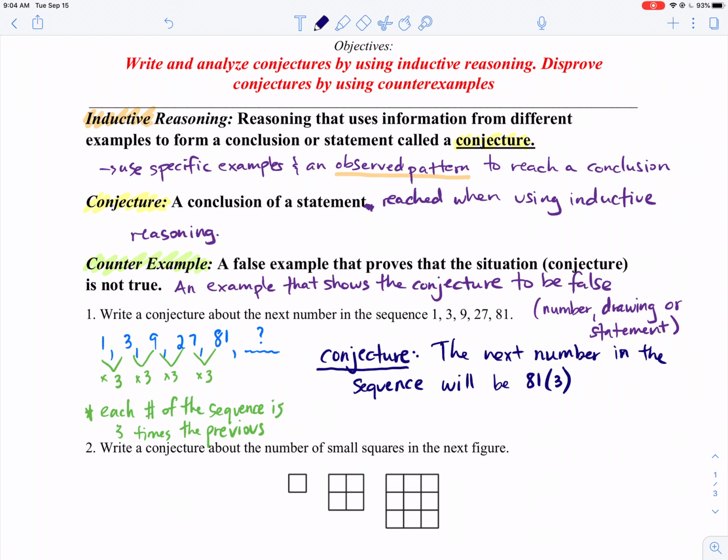When we do 81 times 3, we end up with 243. So here we can write 243.